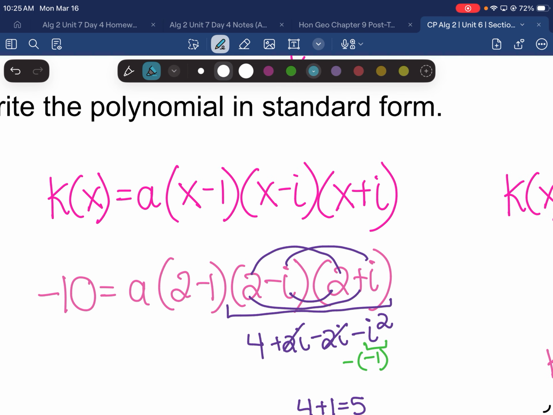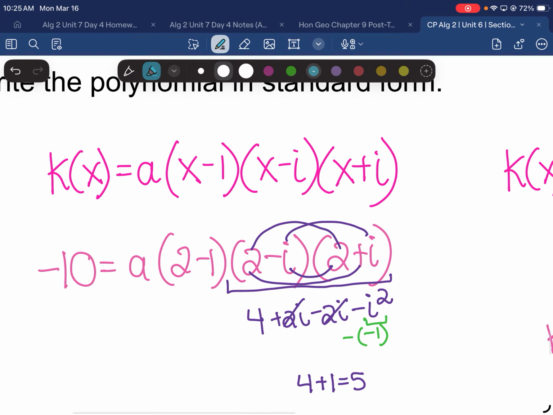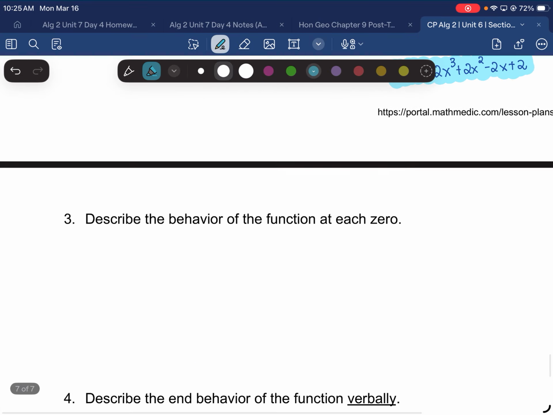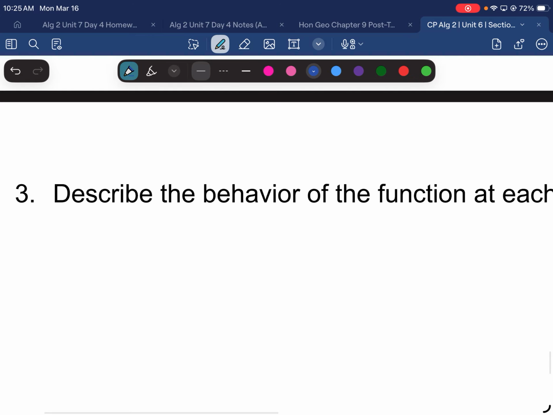I gave you these zeros. So at x equals 1, that had a multiplicity of 1.